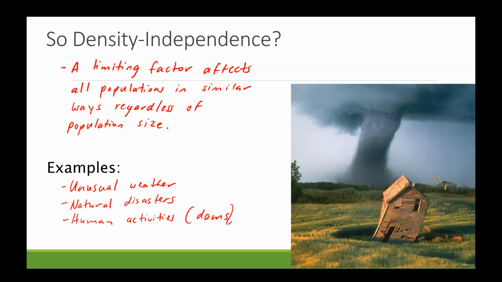So no matter how big the population is, it's going to be impacted the same. Examples of this would be unusual weather, natural disasters, hurricanes, tornadoes, earthquakes, things like that, and of course human activities. If we add a dam to a river system, that's going to cause ecological impacts down the river, right? So these are our density independent factors.